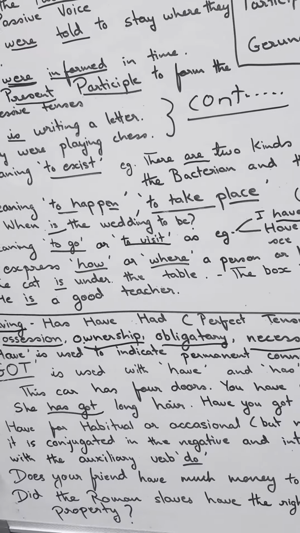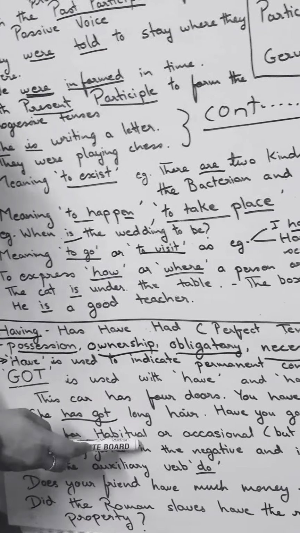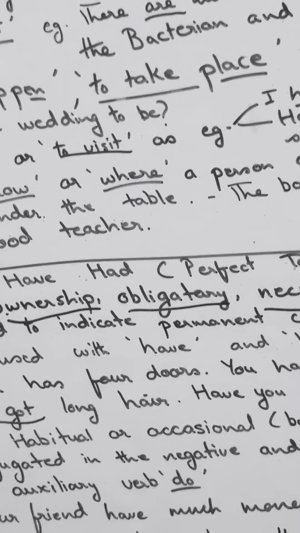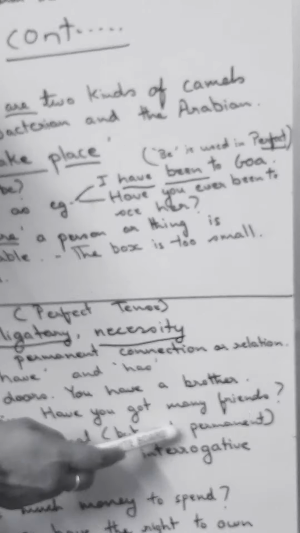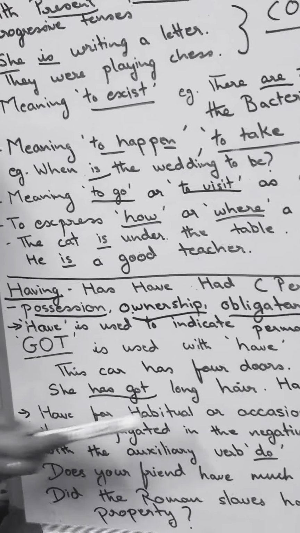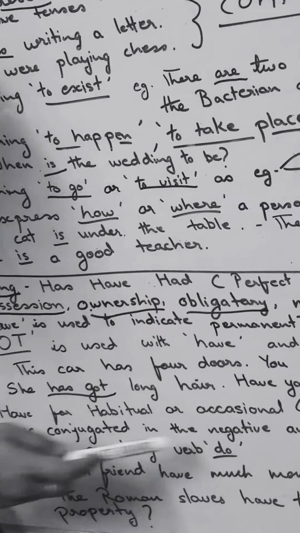Now next is have for. Have is used for habitual or occasional, but not a permanent one. Now please try to understand this. Have for habitual or occasional.